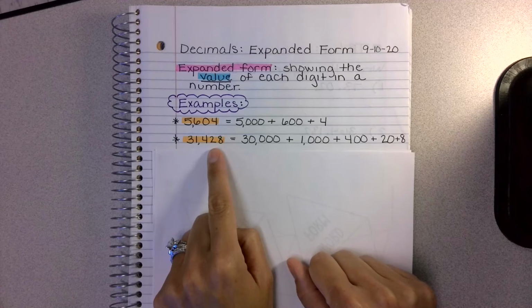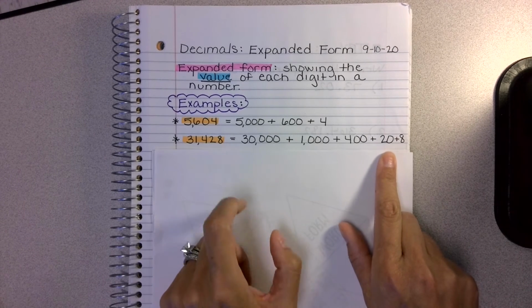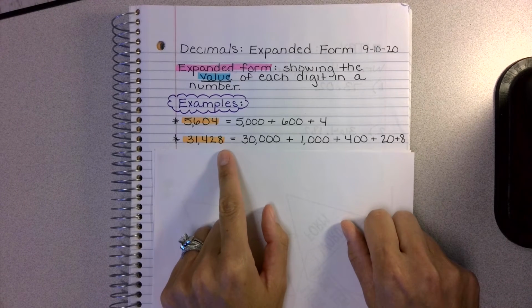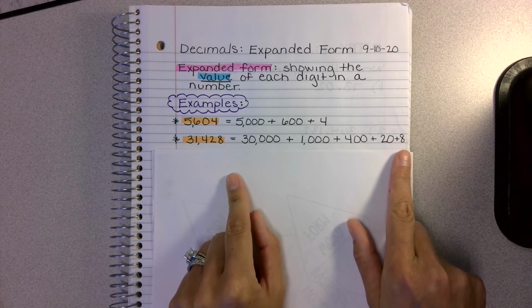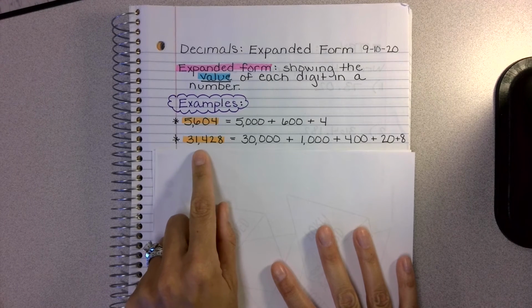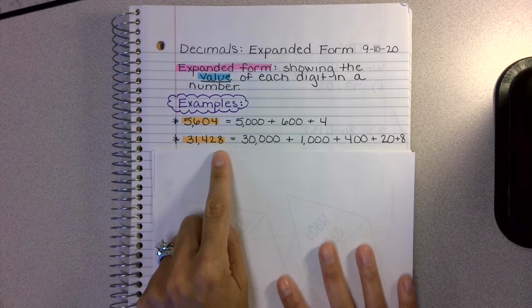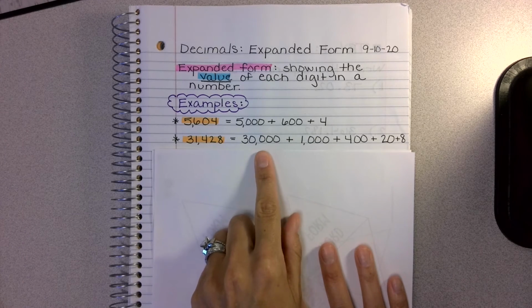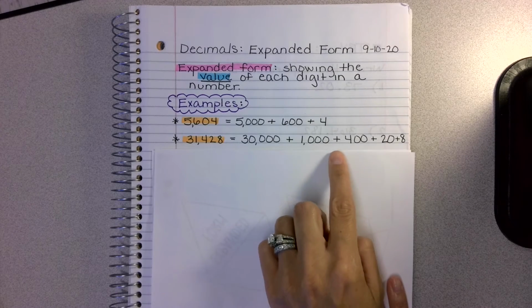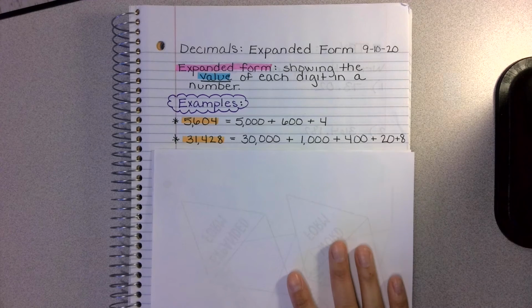The 2 is in the tens place, so the value of that 2 is 20. The 8 is in the ones place, so the 8 has the value of 8 ones. So if I took 31,428 and wrote it in expanded form, it would be 30,000 plus 1,000 plus 400 plus 20 plus 8.